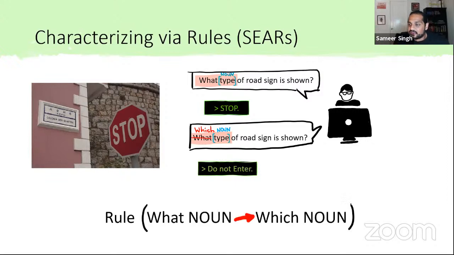And in this case, the rule that we did extract was the more general one: taking all instances of "what noun" in your potentially unlabeled data set and replacing it with "which noun" leads the model to change the output more often than it should. Right? This should be 0% of the time it changes the output. In this case, I think it was almost as high as 20%. I want to say 17% or something, right? Which is pretty high.